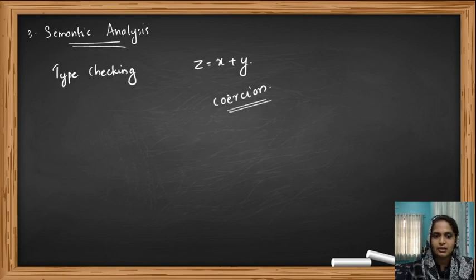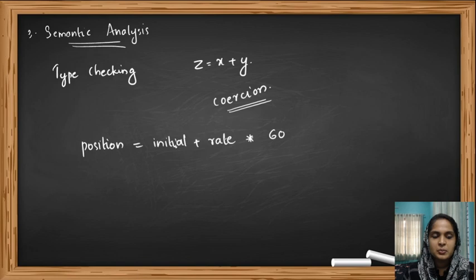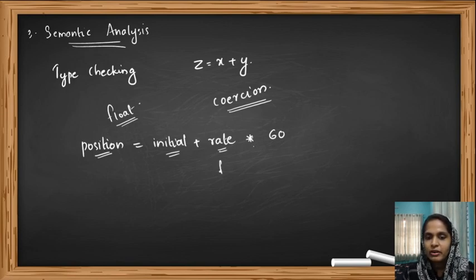For example, in case of our previous example, suppose we have declared position, initial and rate. All these three variables are declared as float. Just assume that we have declared all these variables as float. So here we are doing the multiplication operator over a float value and an integer value. Here 60 is an integer value.